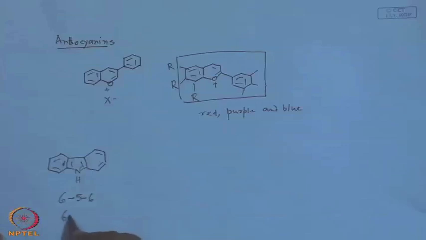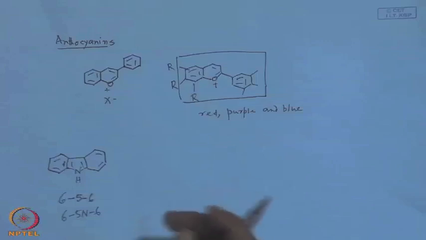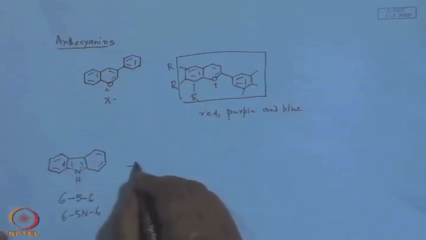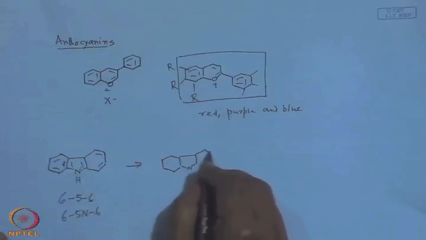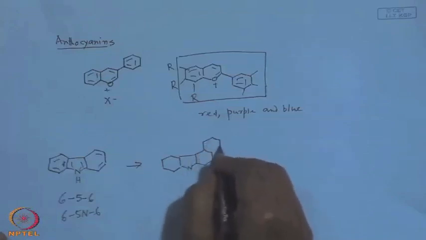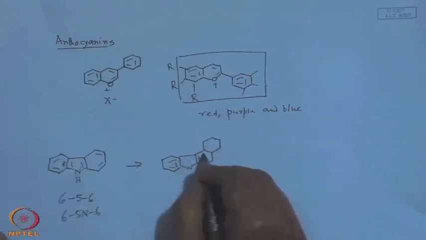More precisely, 6 5 and 6, where the 5-membered ring contains the nitrogen. Likewise, let us write one more structure, and you have now something like this.